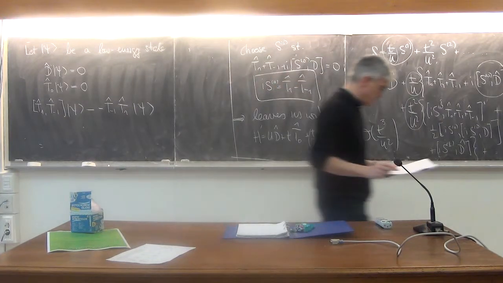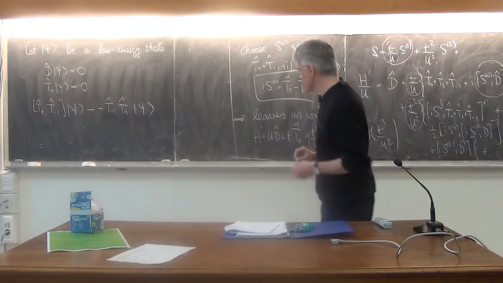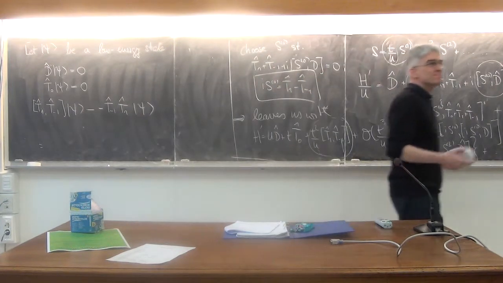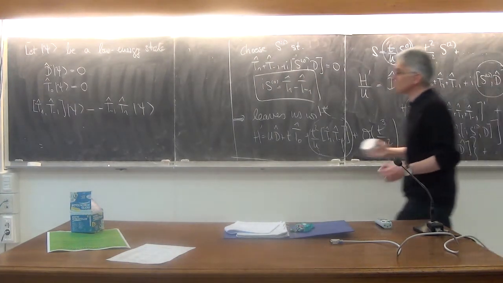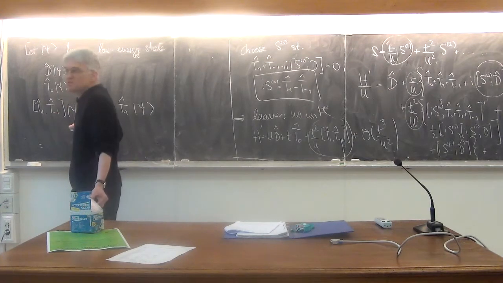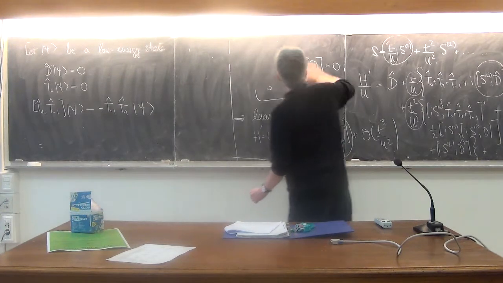Why is that? Exactly, there are no doubly occupied sites, which means if I act with this here, I will get 0. So only the other part of the commutator actually contributes.